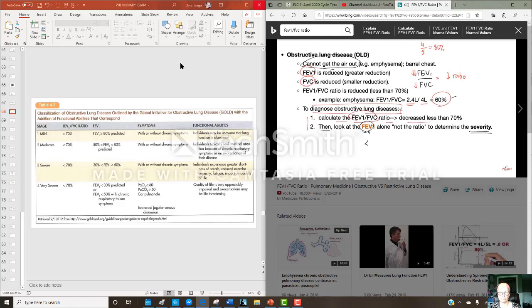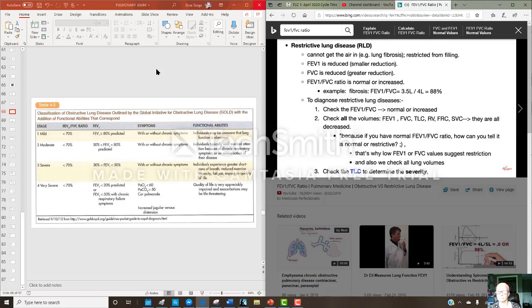So, if patient A has FEV1 of 2.4 liters and patient B has FEV1 of 1.9 liters, which one has a more severe obstructive lung disease? And the answer is patient B.